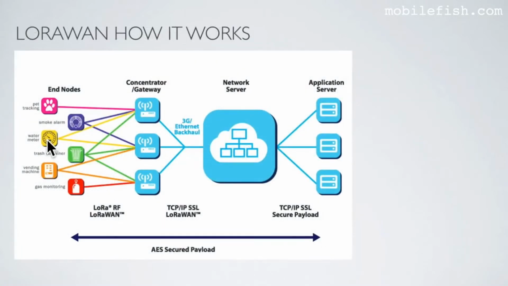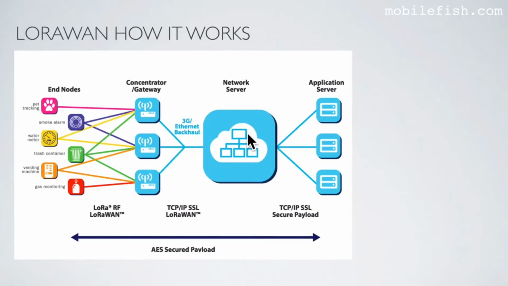An end node broadcasts its data to every gateway in its vicinity. For example, this end node is a water meter, and it sends its data to this gateway and to this gateway. The gateways forward this package to the network server. The network server collects the messages from all the gateways, filters out the duplicate data, and determines the gateway that has the best reception.